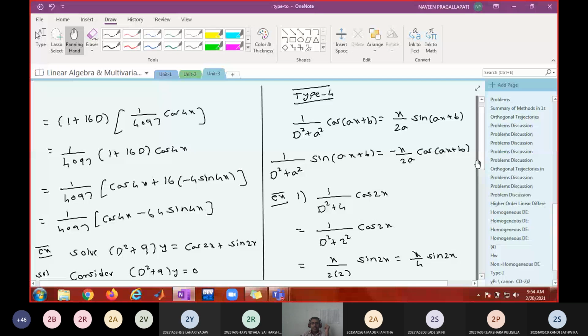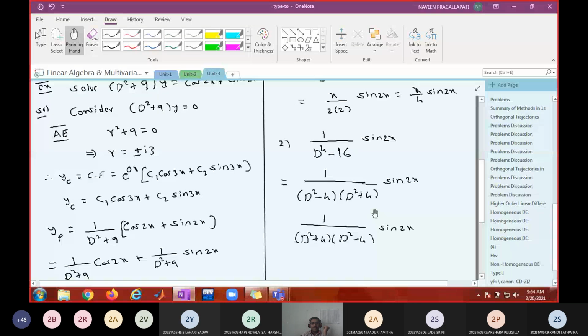So minus 8 can be taken out. Then directly you can apply the type 4 formula. I said whenever the term is giving 0, you apply that at the end. Minus 4 plus 4 is 0. Minus 8 is non-zero. So which order is preferable, first order or second order?